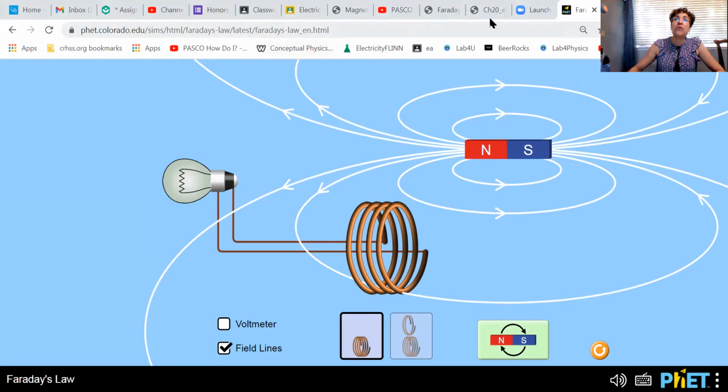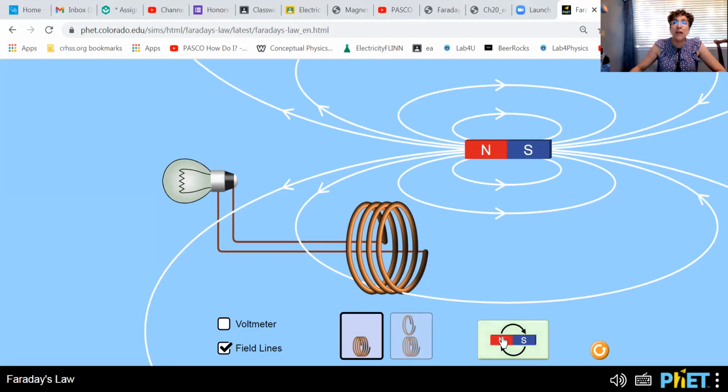See how they get further apart because the magnetic field is less strong the further away you are from the magnet. The lines are closer together, and the field is strongest at the end of the North Pole or the end of the South Pole. But on the inside of the magnet, the field lines go from the south to the north. You have to visualize it going from the south to the north on the inside.